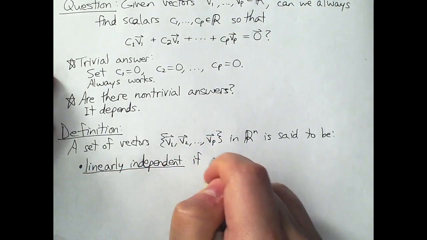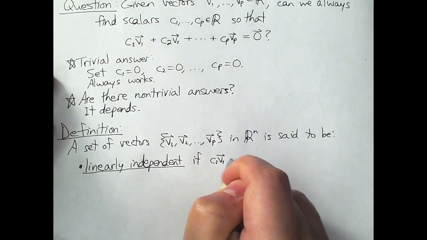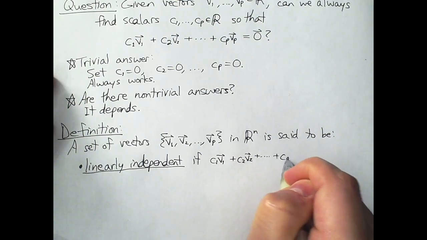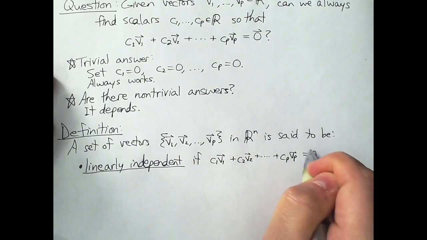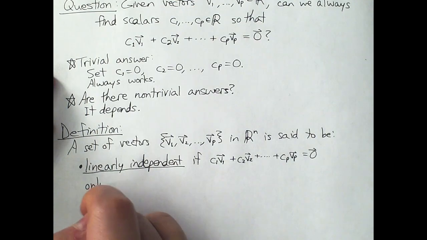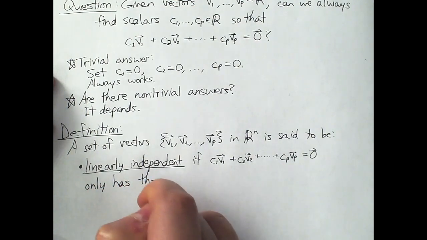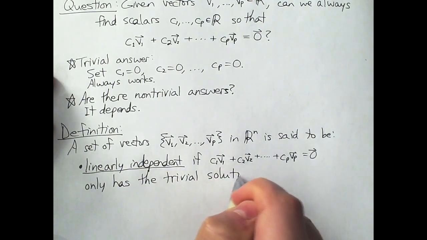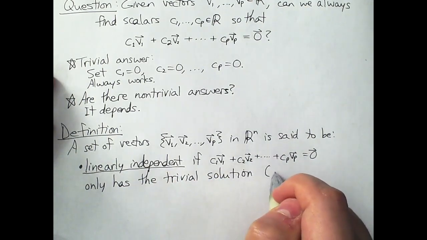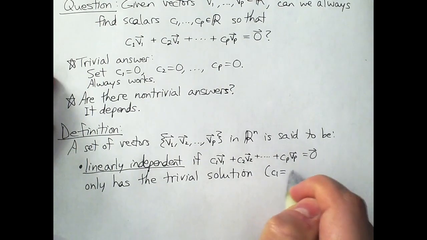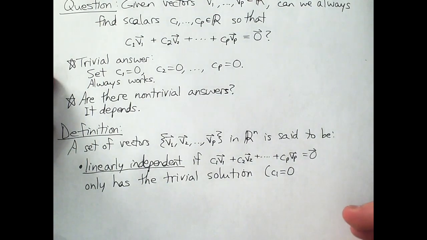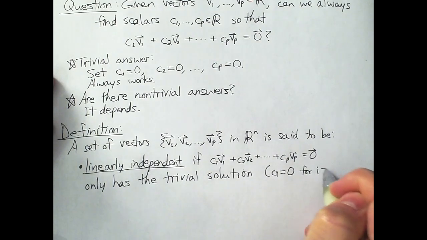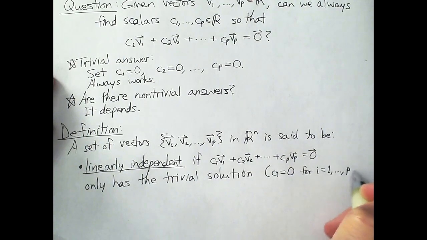If C1 V1 plus C2 V2 plus dot dot dot all the way up to Cp Vp equals zero only has the trivial solution. And in parentheses, the trivial solution is set all of these to zero, so Ci equals 0 for i equals 1 to p.